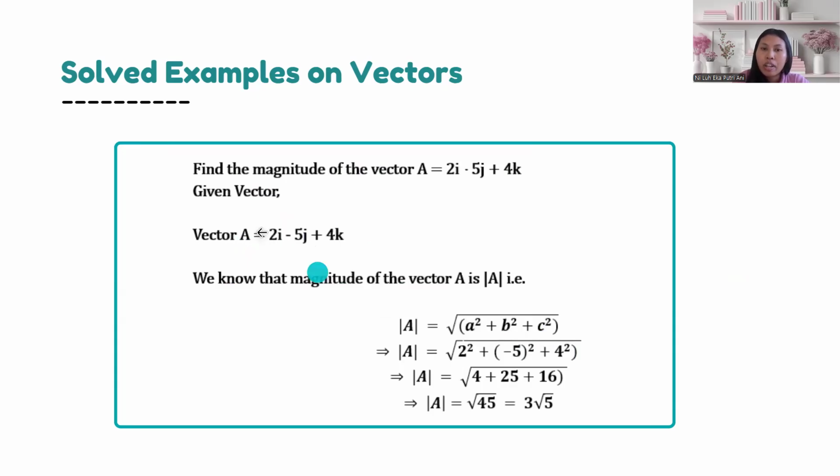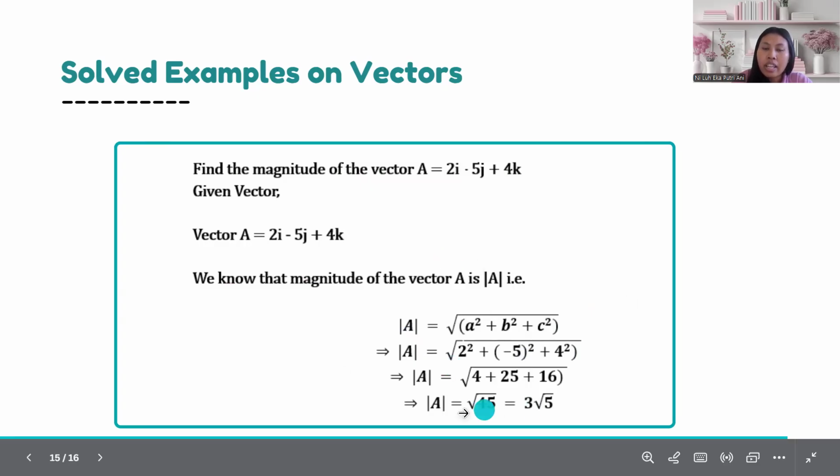We substitute the values into the formula. We get the magnitude of vector A is equal to the square root of 2 squared plus negative 5 squared plus 4 squared, which is the square root of 45, and we get 3 times the square root of 5.